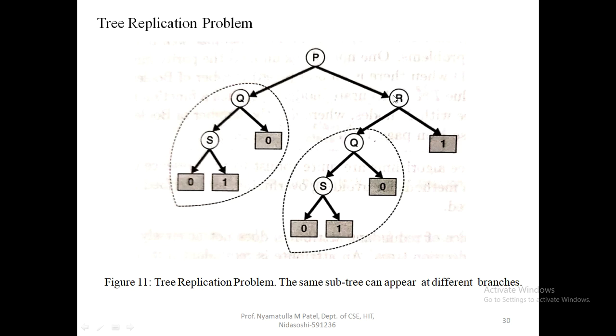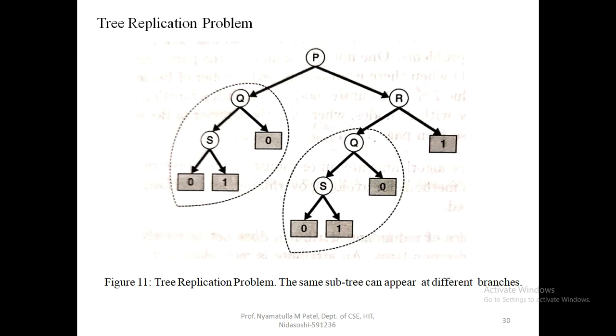Then at R I am splitting again, if yes go to Q, if no go to 1. So, from Q again I am going to S and 0, again S 0. The same tree is a subtree of P, and this part is a subtree of R; both are the same tree replicated.